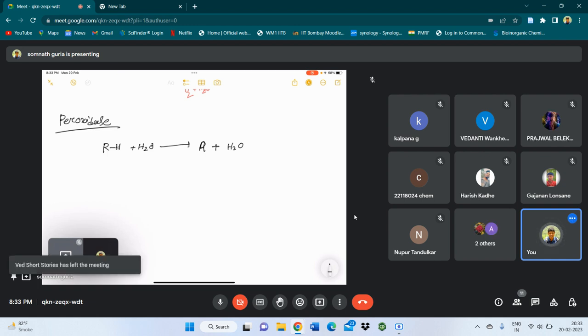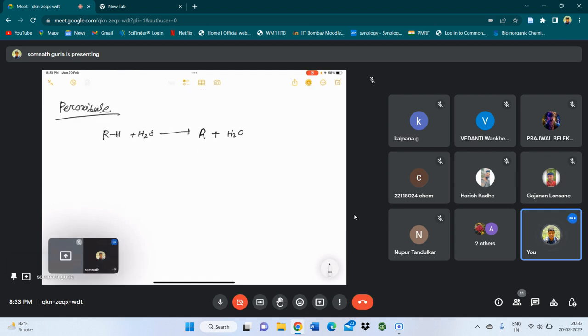Okay, and different kinds of peroxidase have been found. One is cytochrome C peroxidase, glutathione peroxidase, myeloperoxidase, ascorbate peroxidase. Now horseradish peroxidase, sorry.